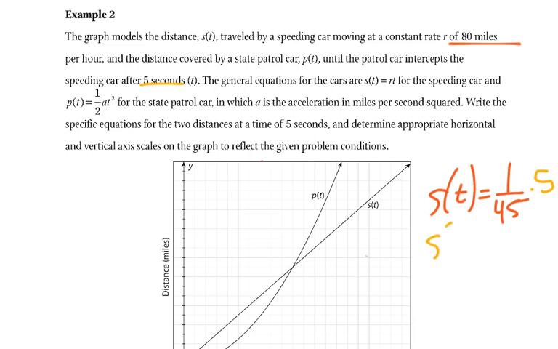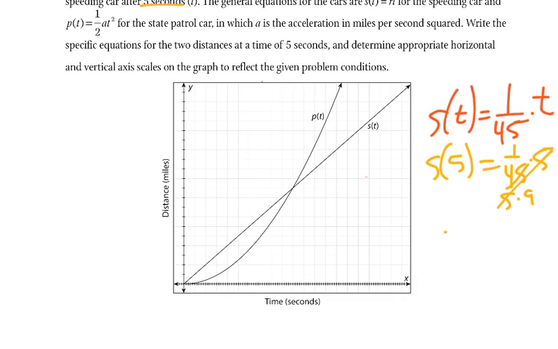So if we went s of 5, I guess technically this is t. So s of 5 would be 1 over 45 times 5, which if we multiply that, the 5s would cancel. So s of 5 would equal 1 over 9.